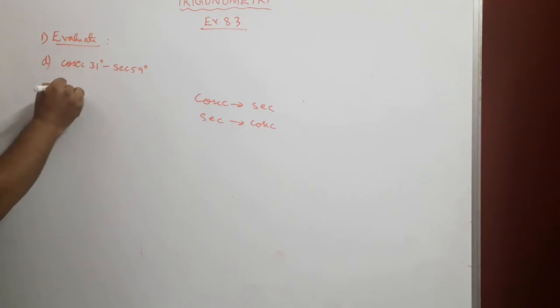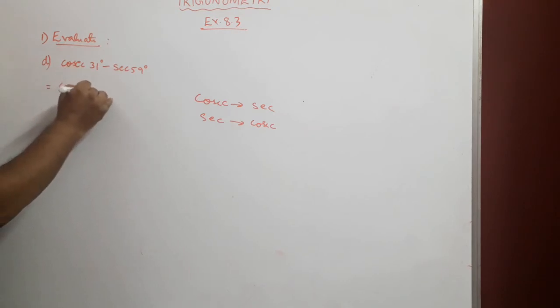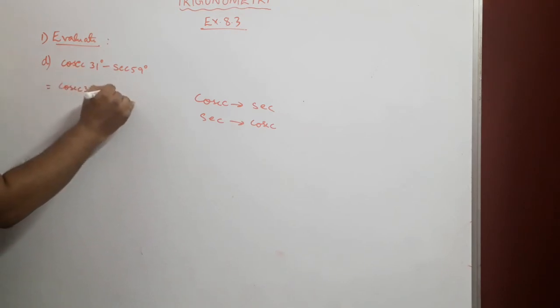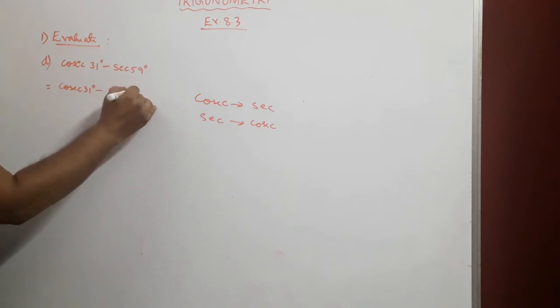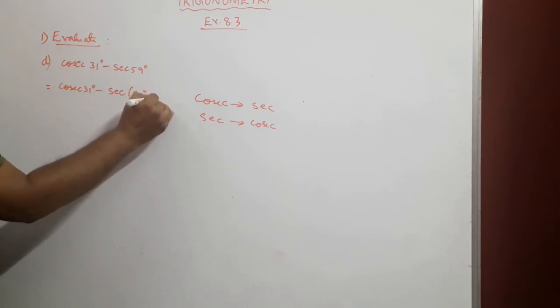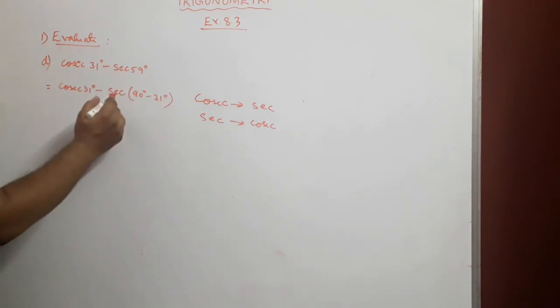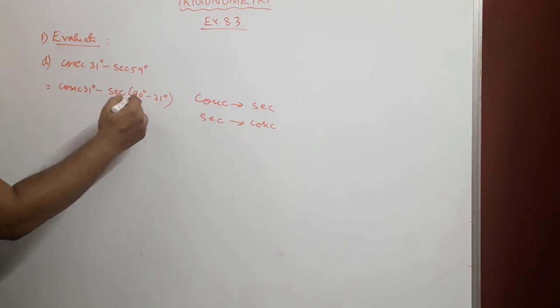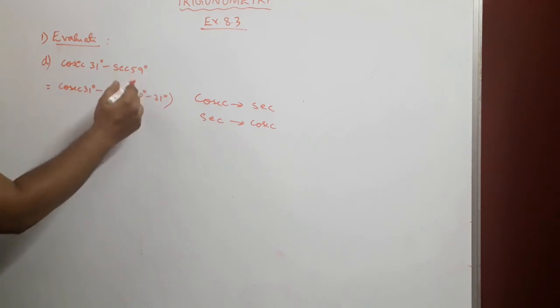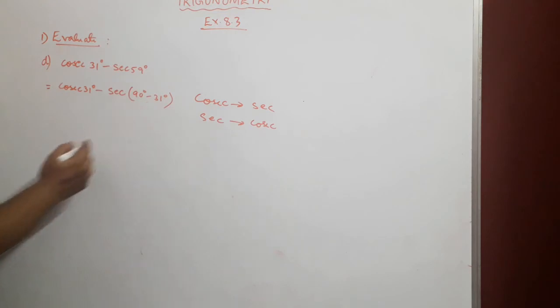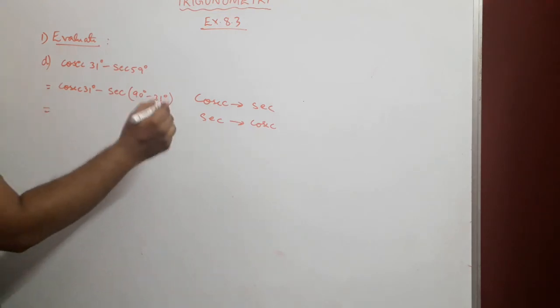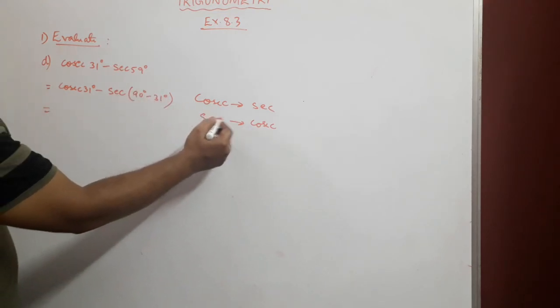So cosec 31, I'll just write it the way it is, and sec 59 can be written as sec of 90 degrees minus 31 degrees, because 31 degrees plus 59 degrees gives us 90 degrees. Now once again we have discussed over here, opposite of sec is cosec.